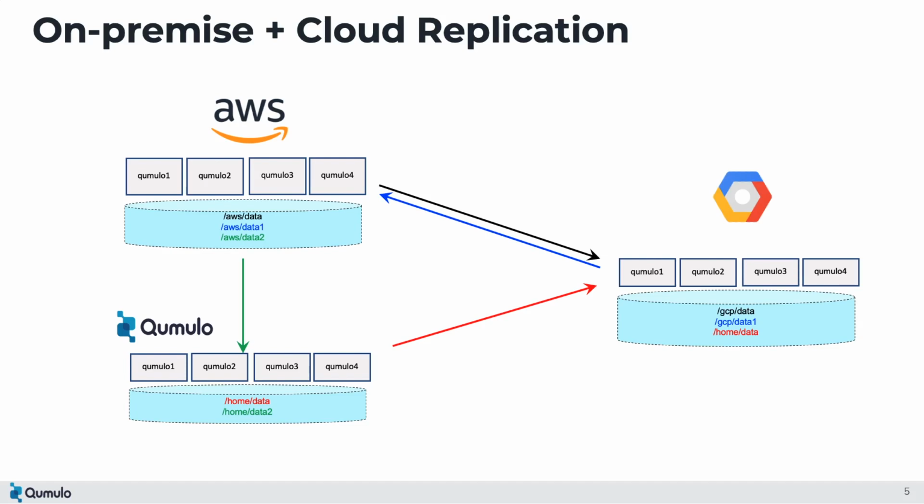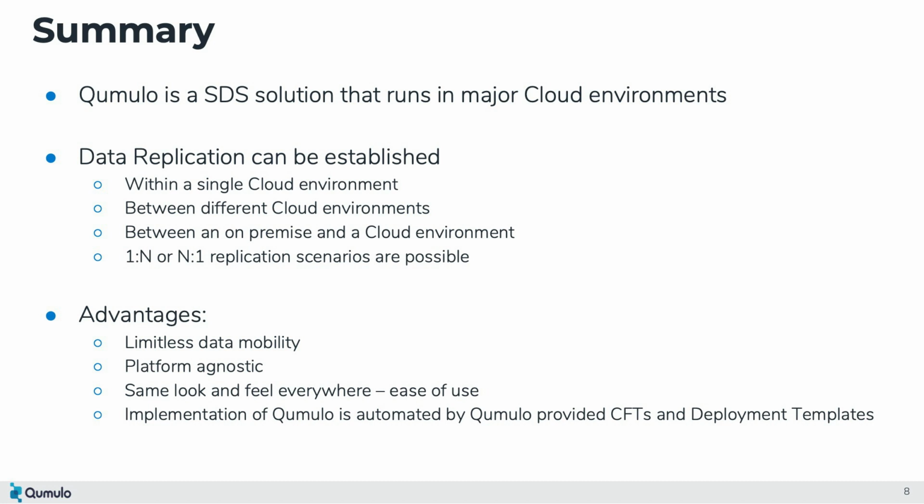Let's quickly summarize. Qumulo is a software-defined solution that runs in major cloud environments as well as different on-premise platforms. Data replication can be established within a single cloud, between different cloud environments, between an on-premise and a cloud environment, and you can configure 1 to n or n to 1 replication scenarios.